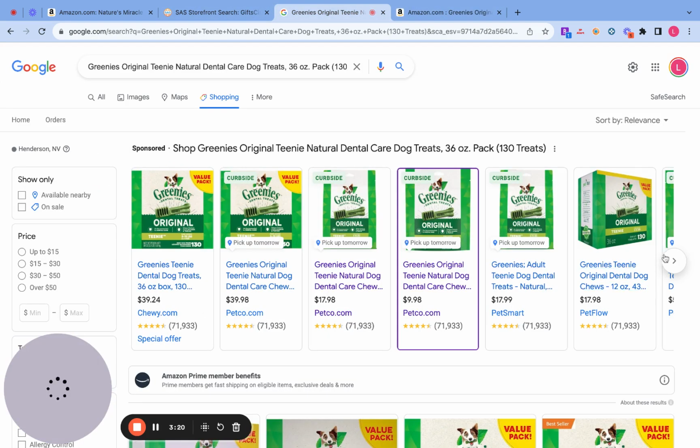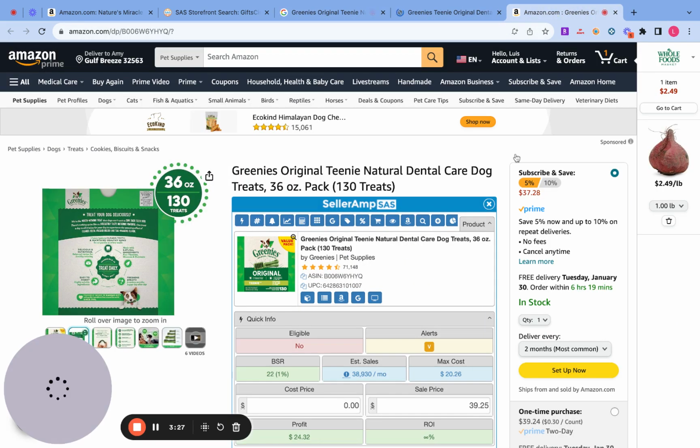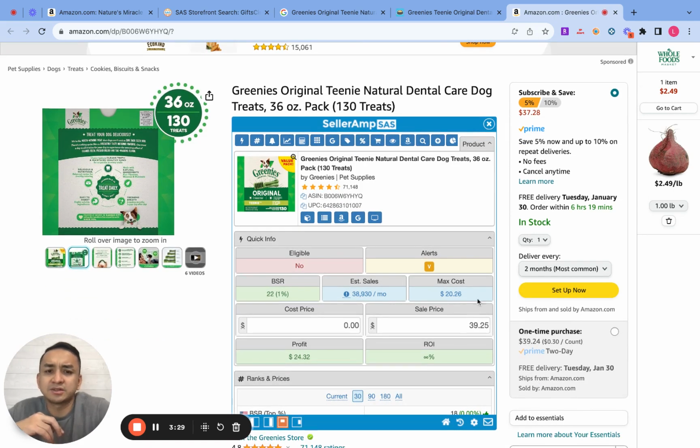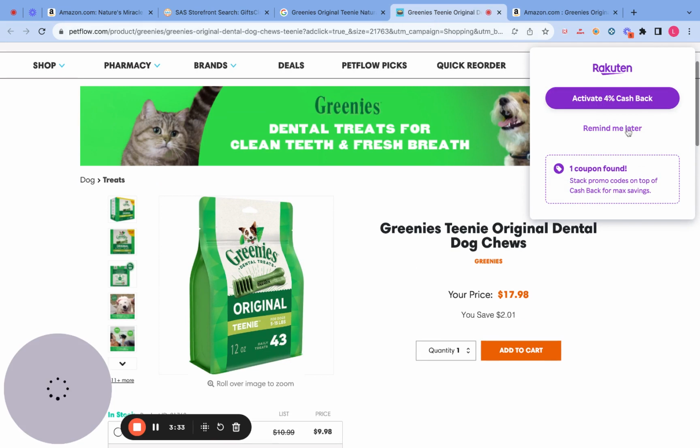So those are not it. This one could be it, but the price is kind of high. Actually, no. The max cost is $20.26. Okay. It's not it.